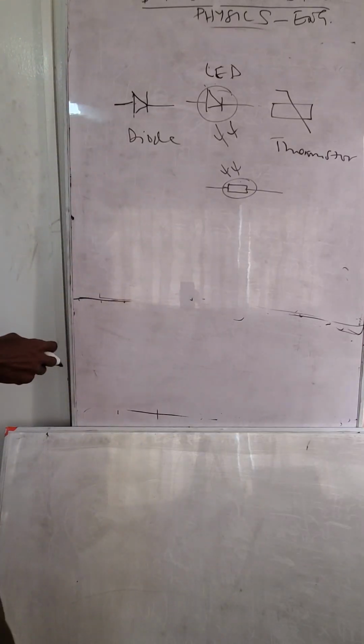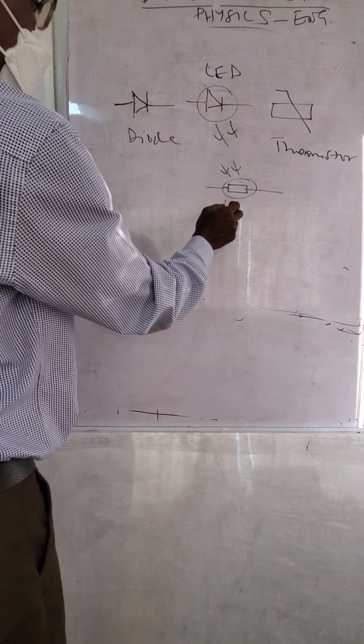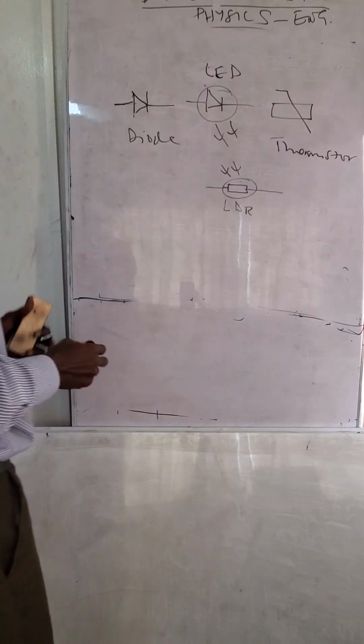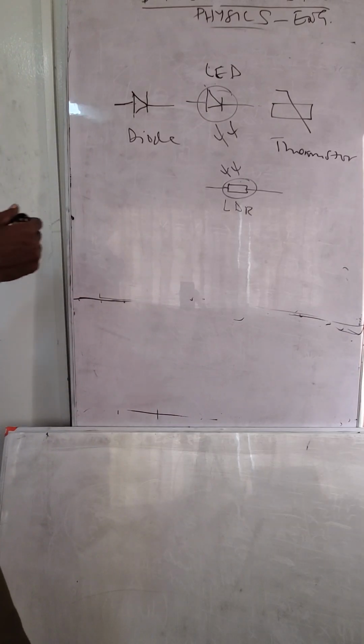So here is the LDR, light dependent resistor.